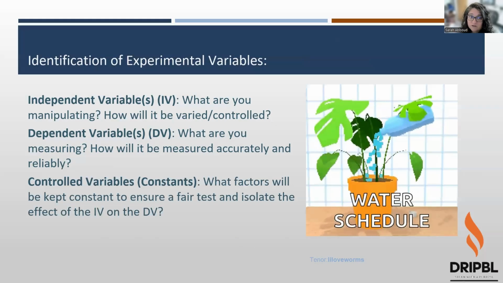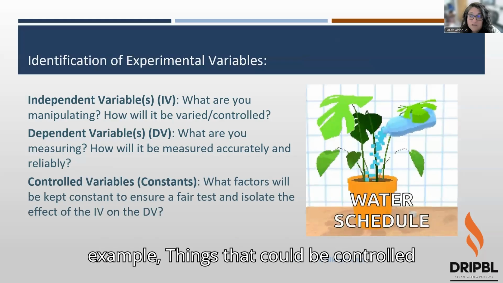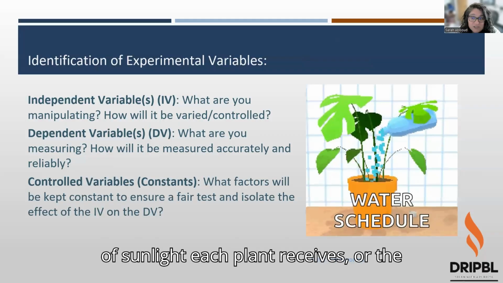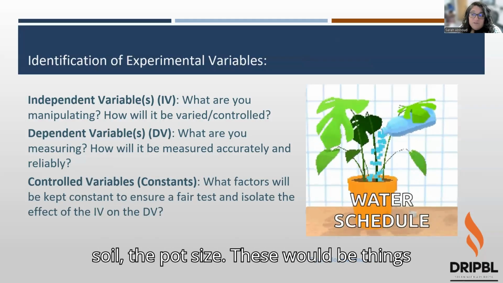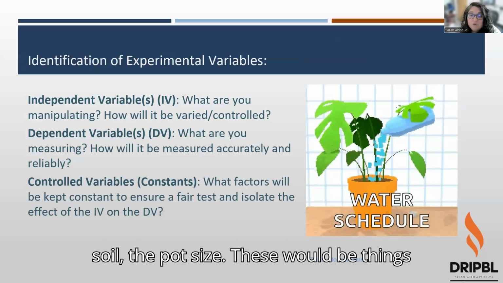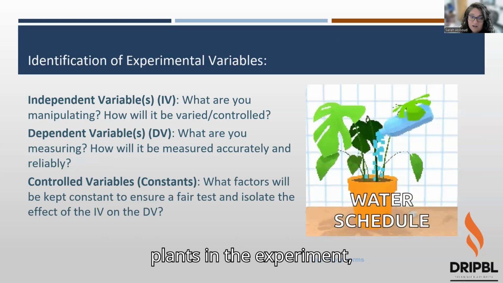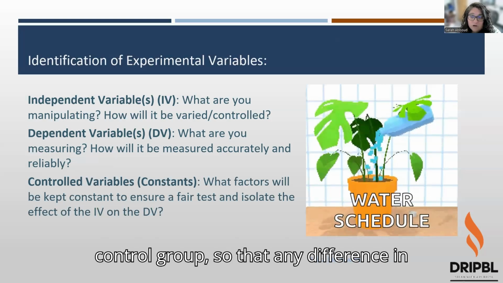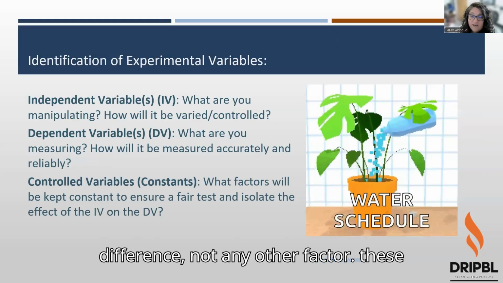So in our experiment here that we're using as our example, things that could be controlled variables would be things like the amount of sunlight each plant receives, or the amount of water, the type of soil, the pot size. These would be things that must be kept identical for all plants in the experiment, regardless of treatment group or control group, so that any difference in growth can be attributed to fertilizer difference, not any other factor.